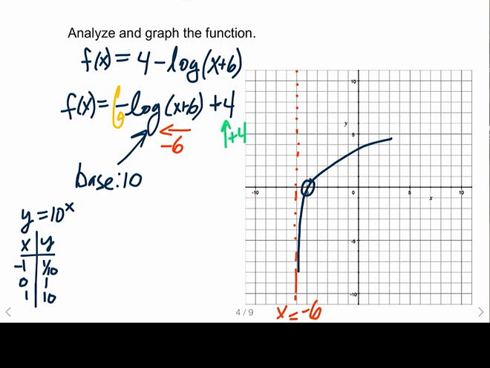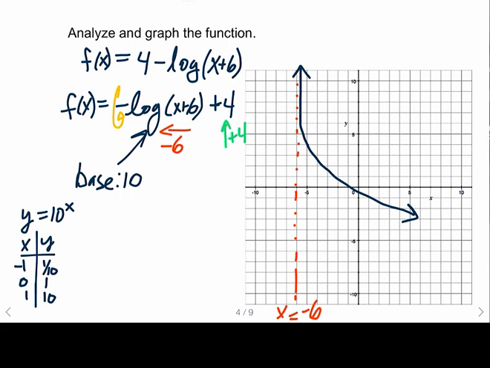In this case, the x-intercept lands up 4 units. And so I'm drawing a curve that is asymptotic with the line x equals -6, and then bends up to the right. But this actually isn't right because we have that reflection. And so it's actually going to come from the top, asymptotic with the line x equals -6, and then bend to the right. And you're going to say, wait a minute, that was a different base. Well, this one's been reflected, and so we have to take that into account.